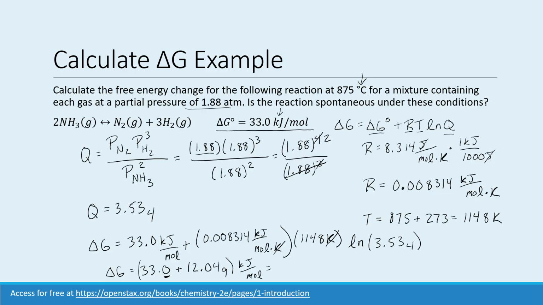When we're adding the values, it's based on the shortest decimal place, and that's coming from our 33.0, so out to the tenths place it is 45.0 kilojoules per mole.